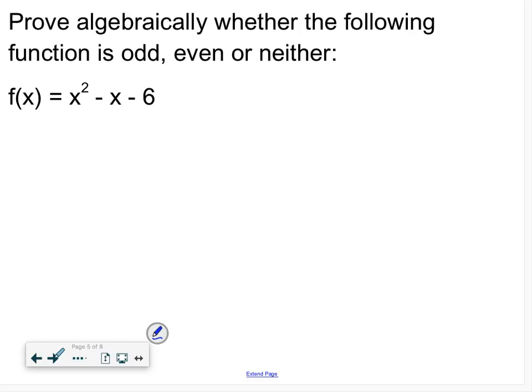Okay? So we have f of x equals x squared minus x minus 6. Let's first take a look at f of negative x. Make sure that when you plug into a function, you do so using parentheses.